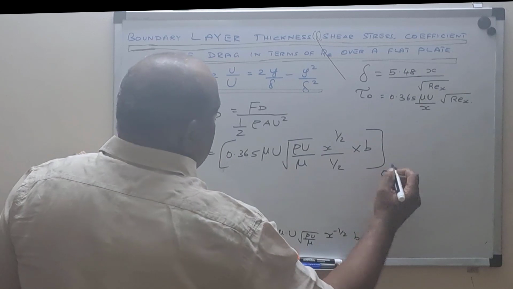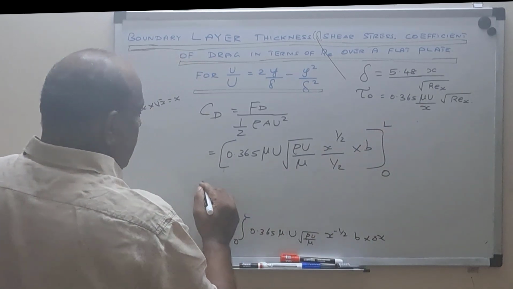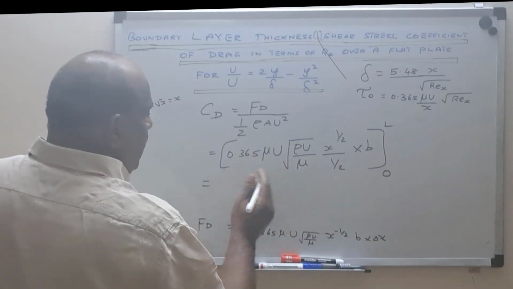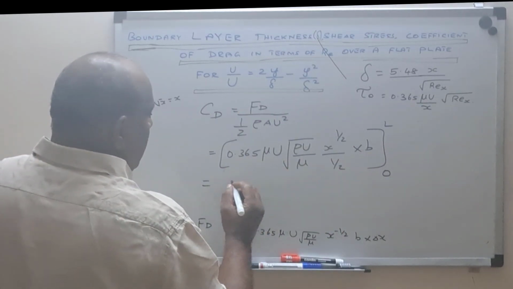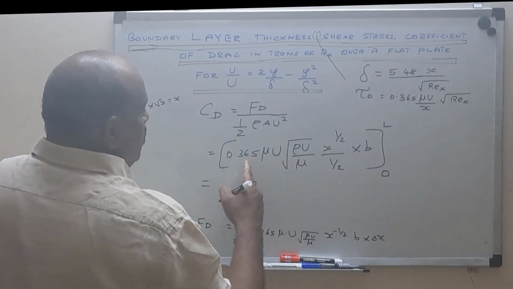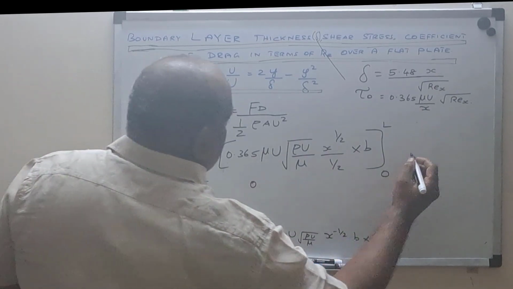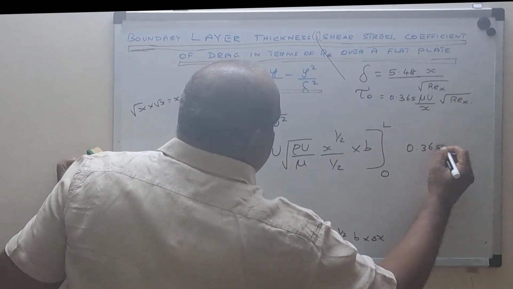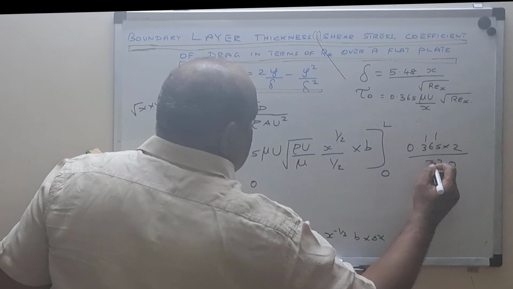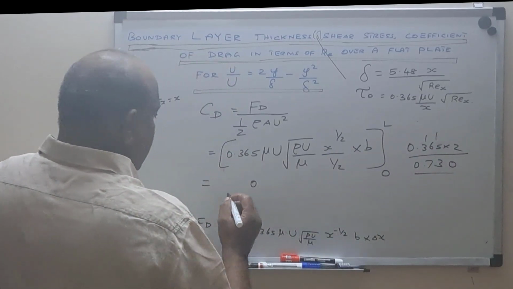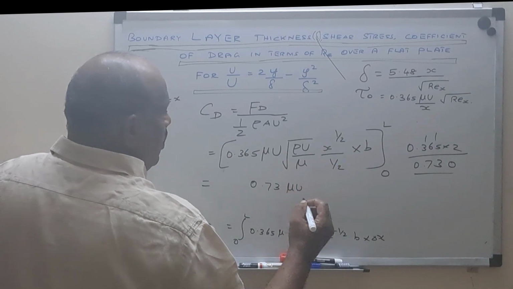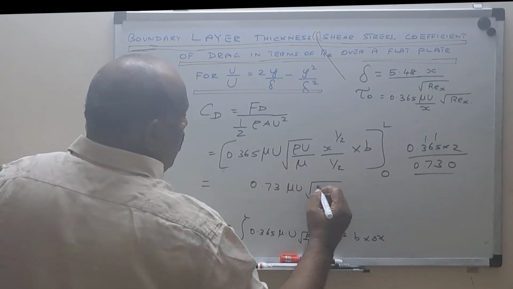So the limits are from 0 to L. So it will become, this 1 by 2 when taken to the numerator, 2 into 0.365. I just want to multiply 0.365 into 2, so it is 0.73 mu u, rho u.